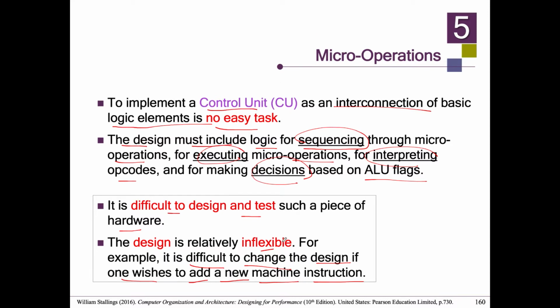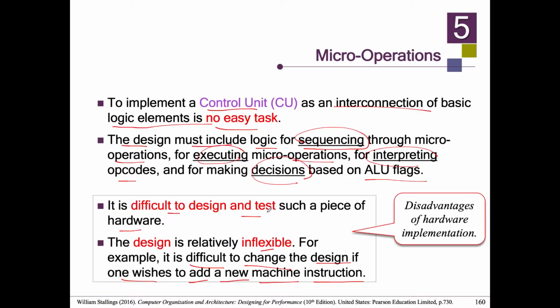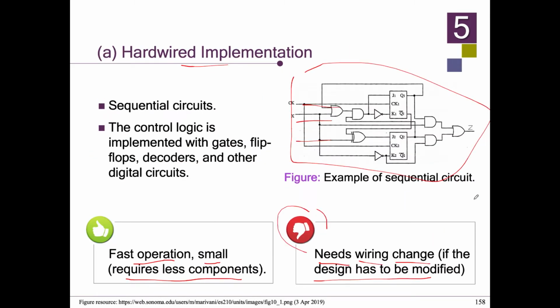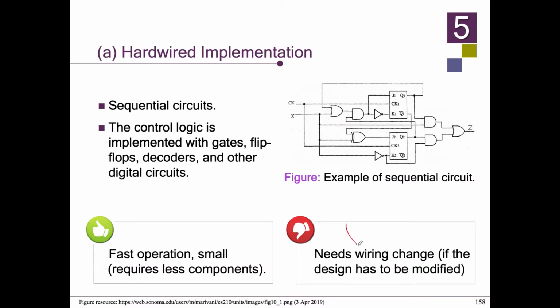If you want to add even one, it is going to be quite difficult. So these are the disadvantages of your hardware implementation. As stated in this figure, you can already see the disadvantages and also the pros and cons.